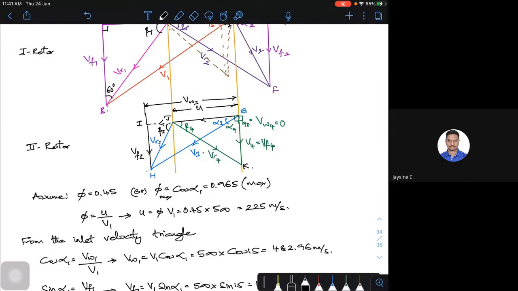At the exit anyhow, the problem statement says it is purely axial. Even in the first stage we are getting axial conditions, so both ways. Now if you go back and check the values, what are the values you have?